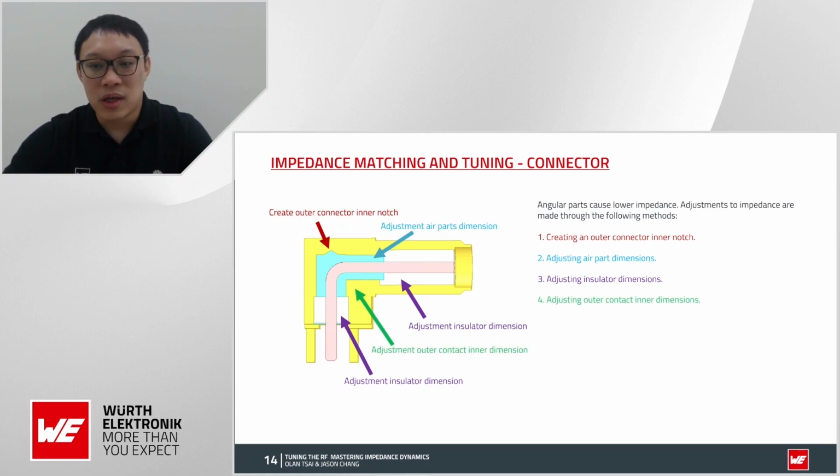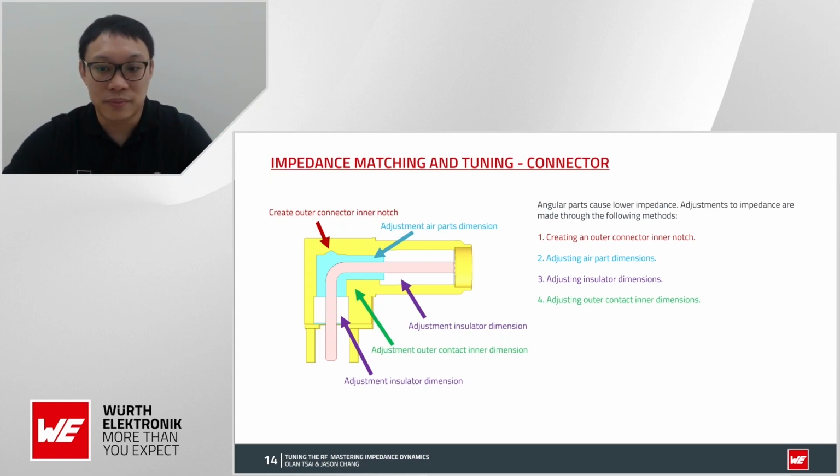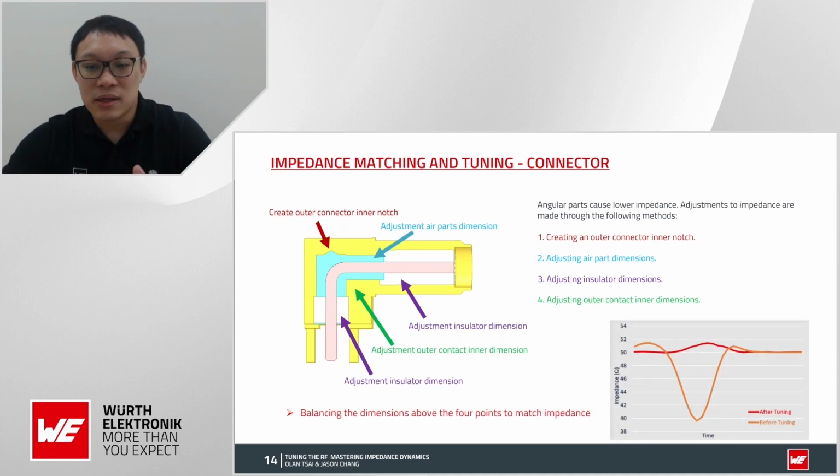And the fourth thing you can do as a designer is to change the outer contact dimension. By balancing these methods, you can get a well-tuned right angle connector. So the designer would need to spend a lot of time and effort to make sure the connector he designed is well matched.